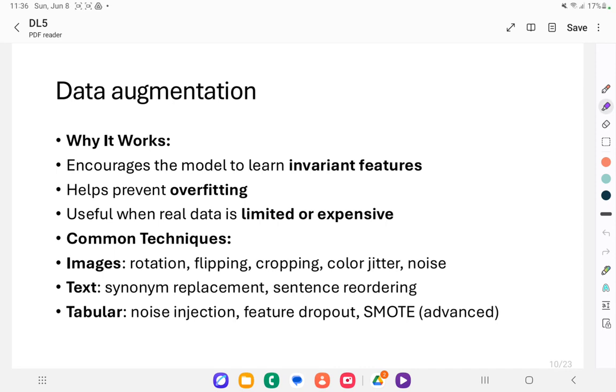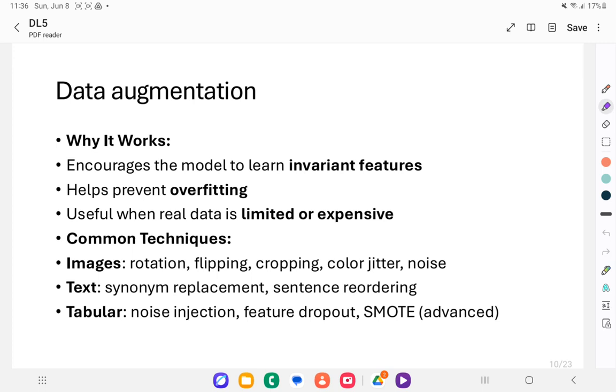Next is data augmentation, which is a clever and widely used technique to help combat overfitting, especially when your dataset is small. The idea is to create synthetic training examples by transforming your existing data, not by collecting more samples, but by generating variations. In image tasks, this might involve rotating or cropping the image, or smoothing. But in tabular data, you could apply things like Gaussian noise to numeric features.